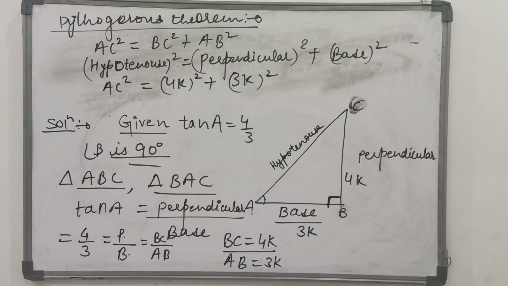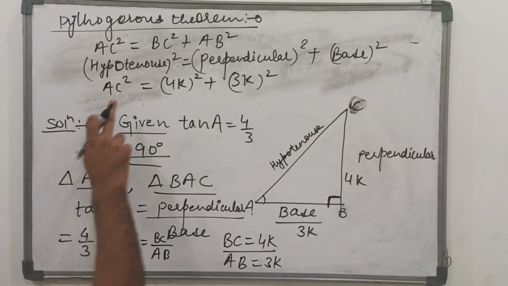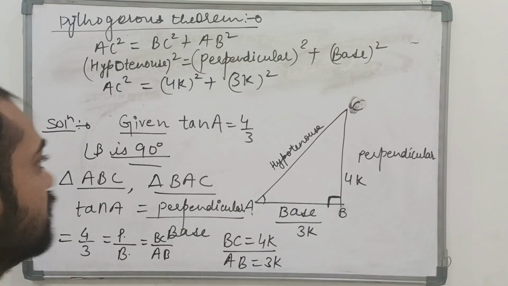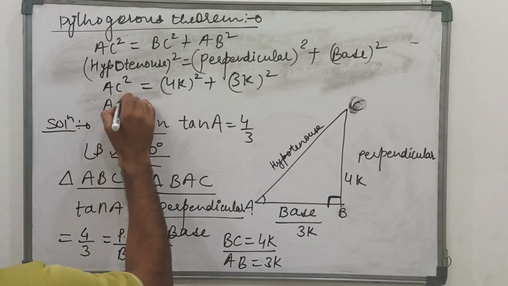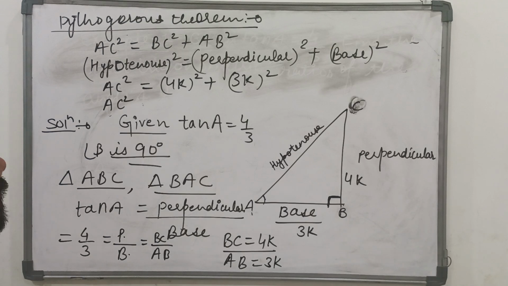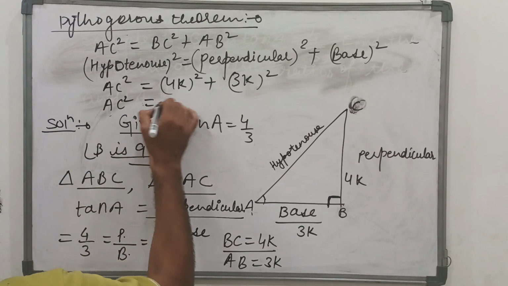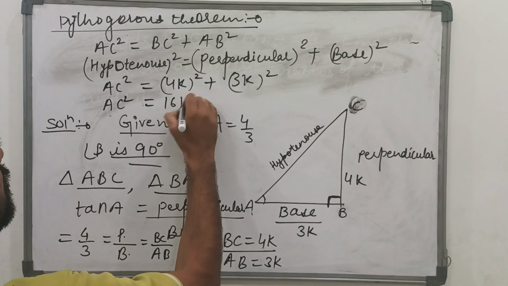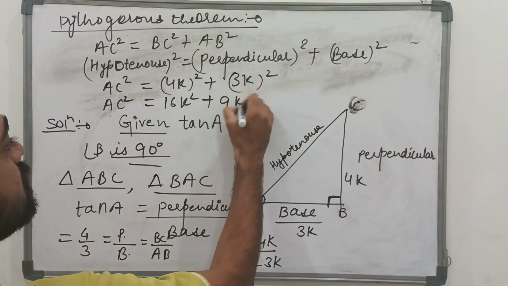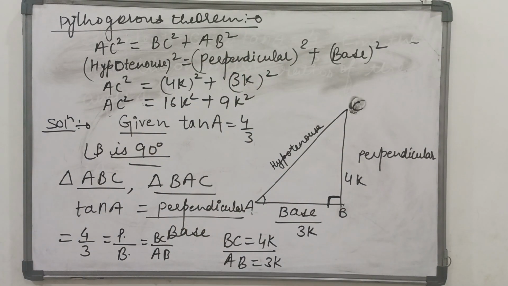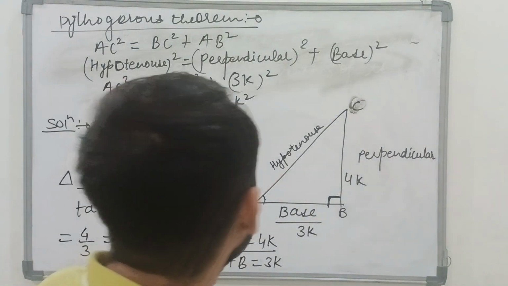Now AC square is equal to 4K square plus 3K square. Next step: AC square is equal to 16K square plus 9K square.